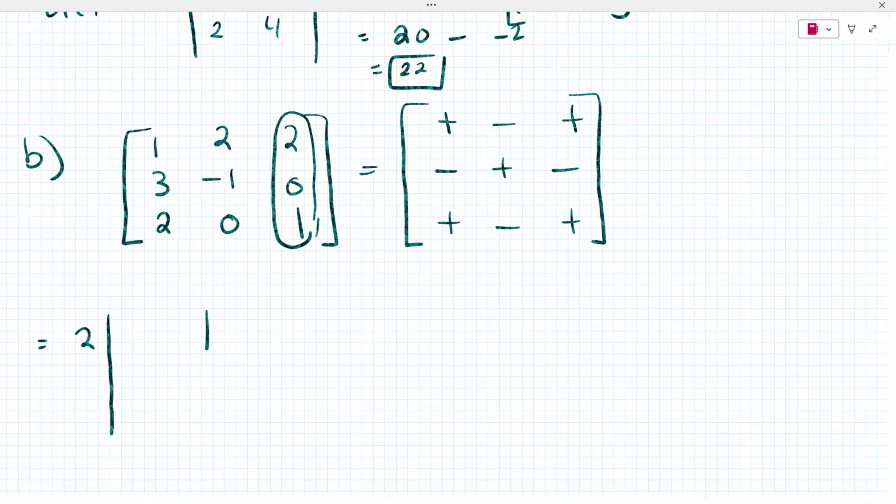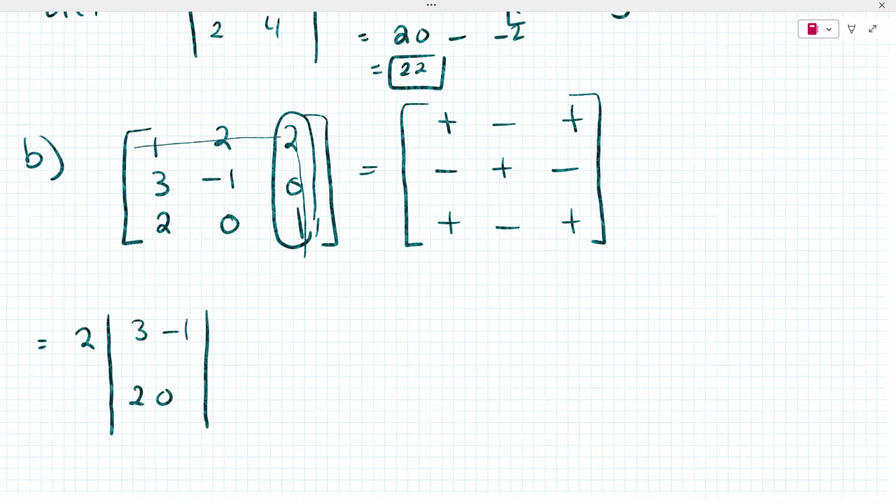Then you form a 2 by 2 matrix by visually ignoring the row and column of the 2. You're ignoring this and this, anything that has a 2 here, and you're left with 3, negative 1, 2, 0.